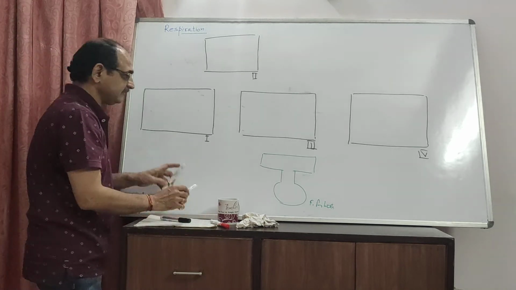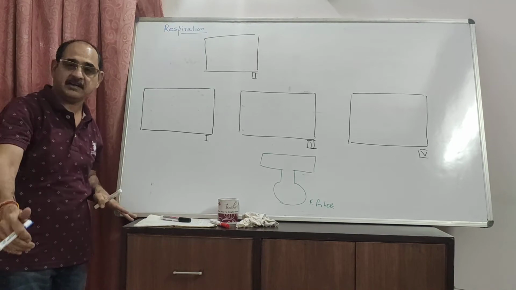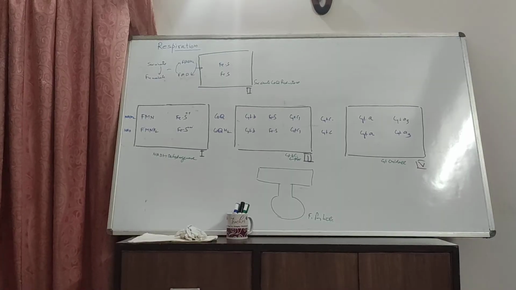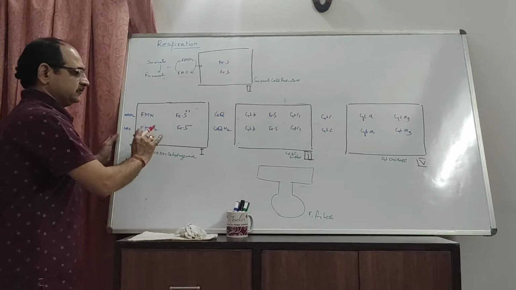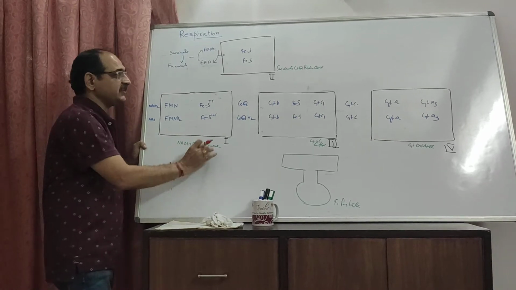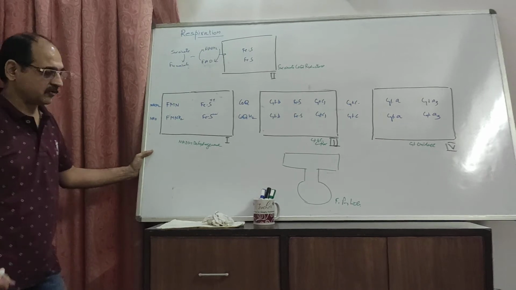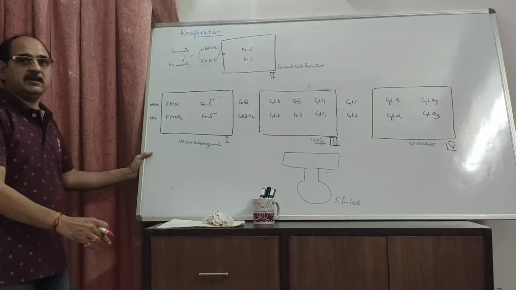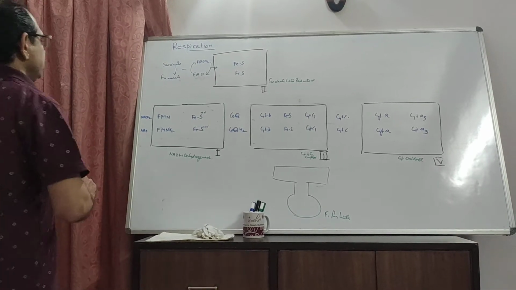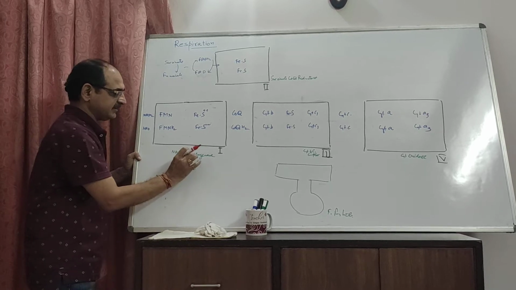Okay, so this is the position of various complexes in the inner mitochondrial membrane, right? This is complex 1st, complex 2nd, complex 3rd, complex 4th, and complex O. So we start here with the very first complex, that is NADH dehydrogenase.